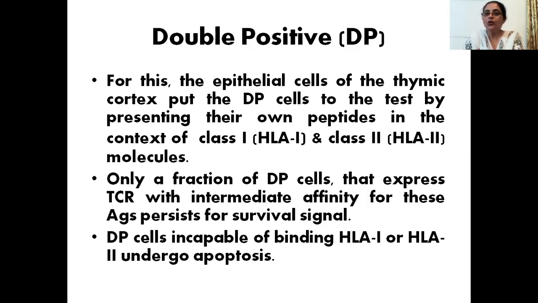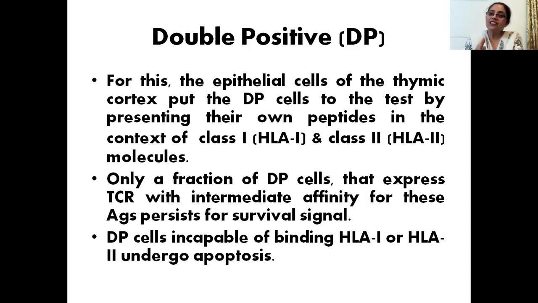I have put up a whole video on these molecules. Please see it first. If you see that video, then this point will be clearer to you. It explains how human leukocyte antigen class 1 and class 2 molecules will test these. Only a fraction of double positive cells that express T cell receptors with intermediate affinity for these antigens persist for survival signal.